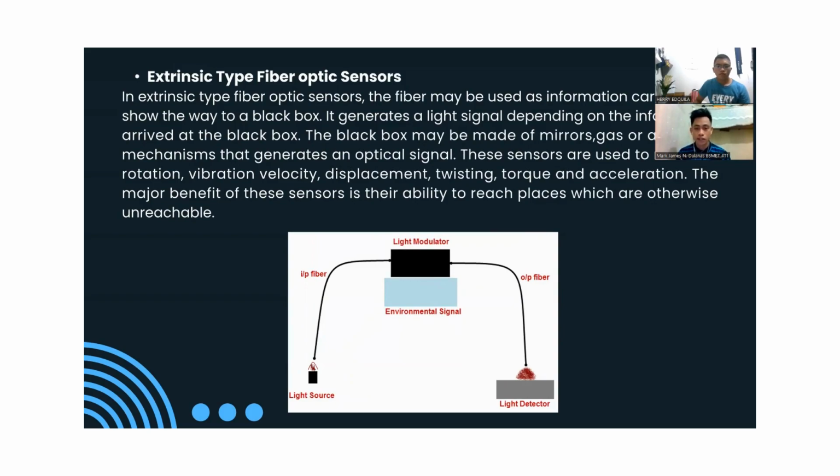These sensors are used to measure rotations, vibrations, velocity, displacement, twisting, torque, and accelerations. The major benefit of this sensor is its ability to reach places which are otherwise unreachable.